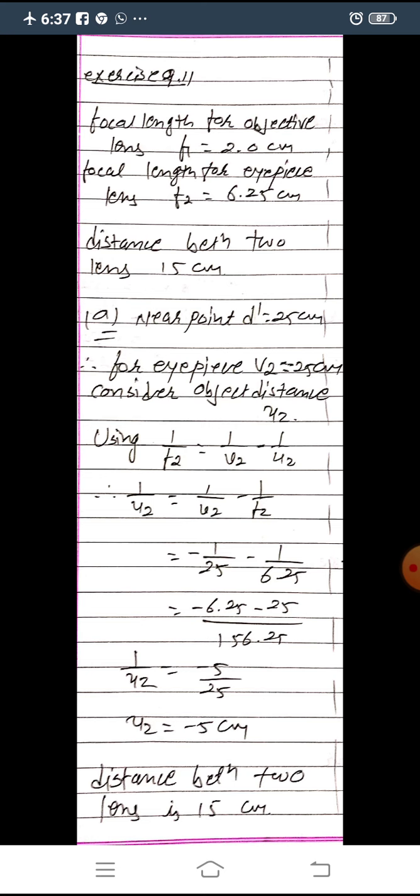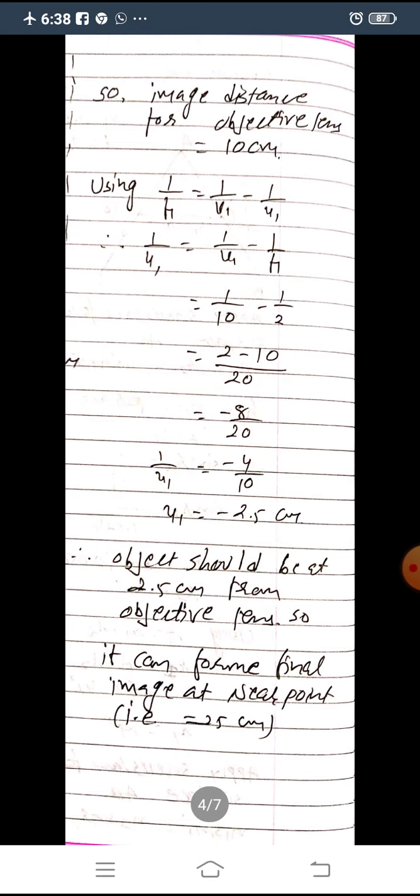The distance between the two lenses is given as 15 centimeters, so the distance between the objective and eyepiece is 15 centimeters. Therefore the image distance from the objective lens is 10 centimeters.